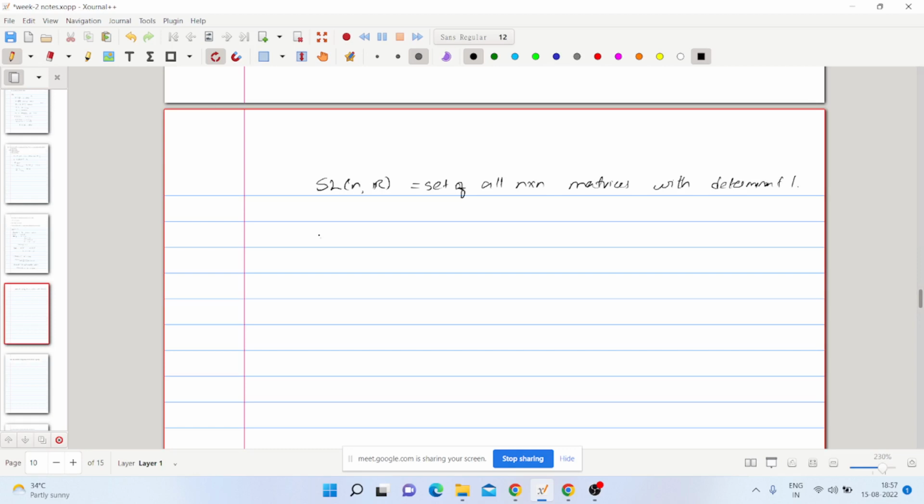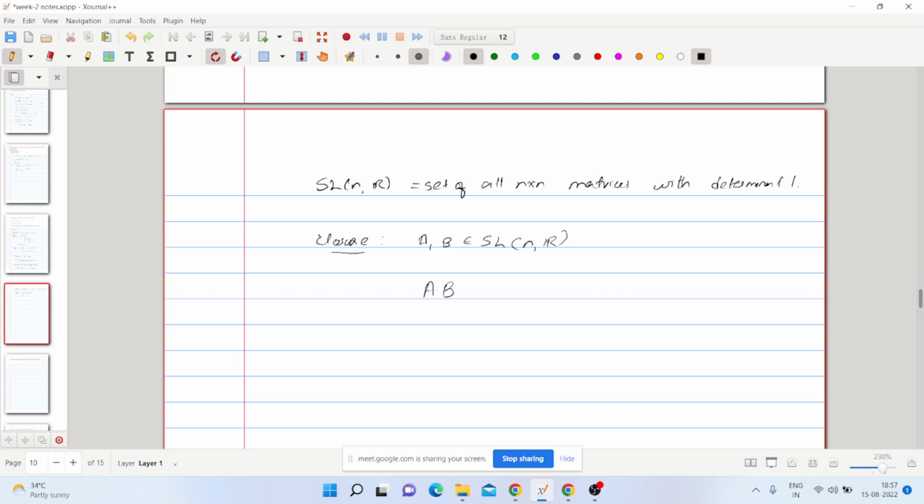So what about the closure property? Let me take two matrices A and B in SLNR. What we want to prove is A dot B belongs to SLN of R.